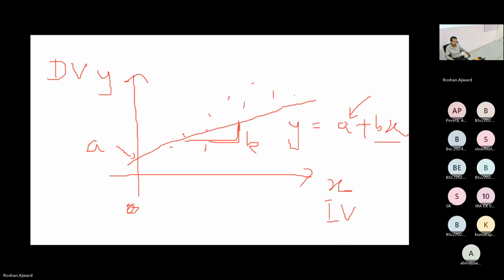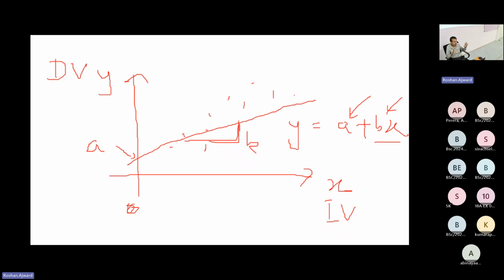B is the slope. B is the slope, which is also known as the coefficient. So I suggest you write these things down if you cannot remember. These are very basic stuff, but again, it's my duty to remind you, because you might have forgotten this.